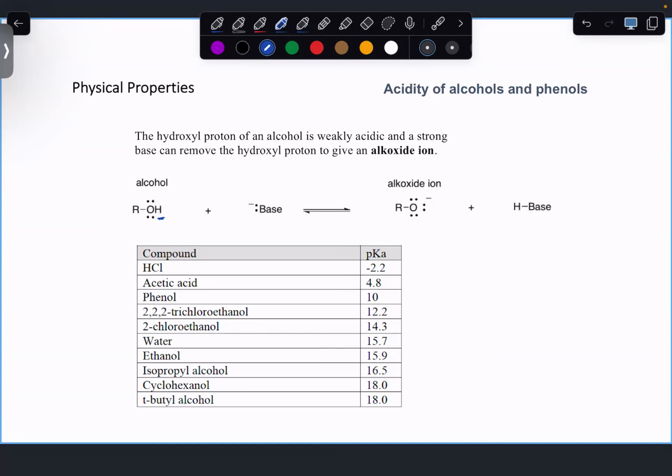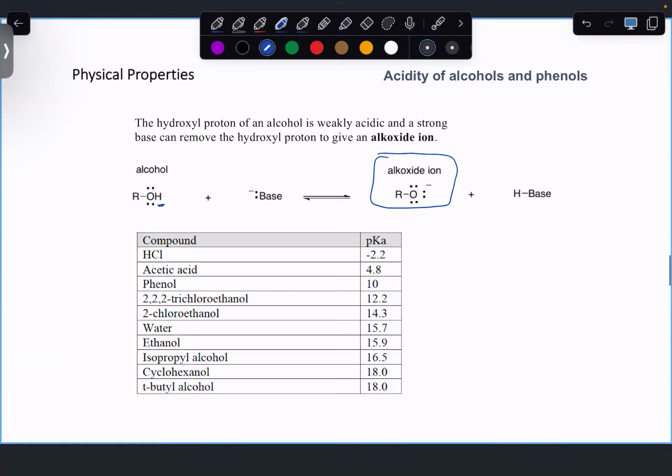And that's just what's shown in this expression. When you do that, the conjugate base is what's known as an alkoxide ion. And this is a very common thing to do. It is not terribly difficult to deprotonate an alcohol and make the alkoxide.